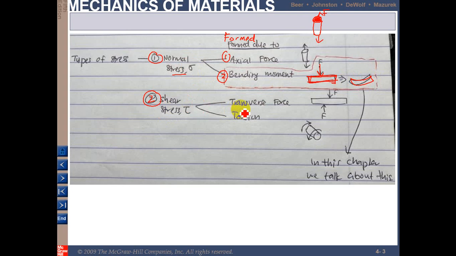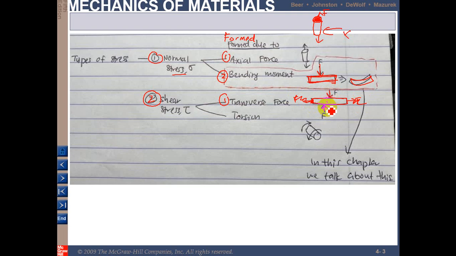However, for shear stress, let's say the first is transverse load. Transverse load is not like this load. This is your specimen. If axial load, you apply load like this, because this is the area. But for transverse load, you apply load like this, which is parallel to the area.